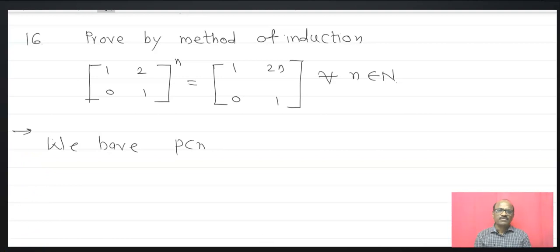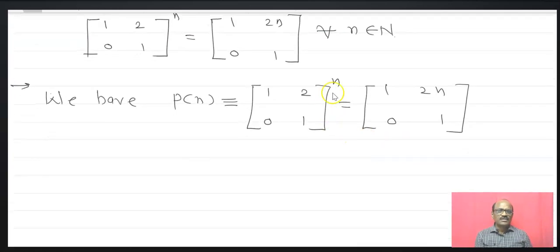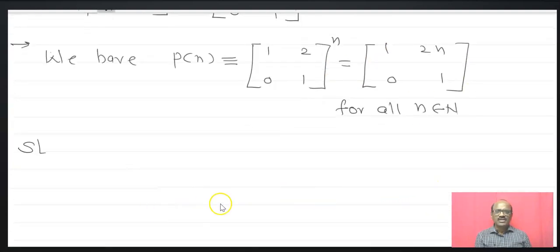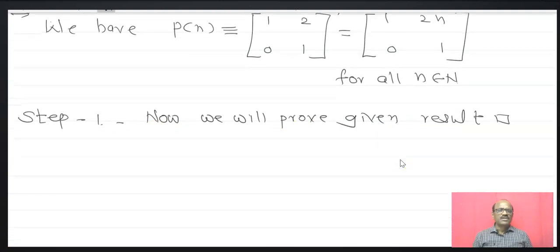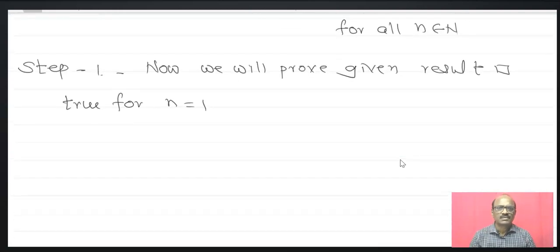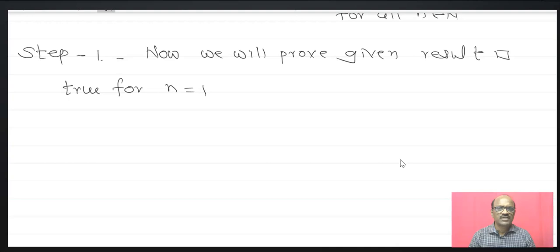Now we have that P(n) is [1 2; 0 1] raised to n equals [1 2n; 0 1] for all small n belonging to capital N. Now the step 1. Now we will prove the given result is true for n equals 1.